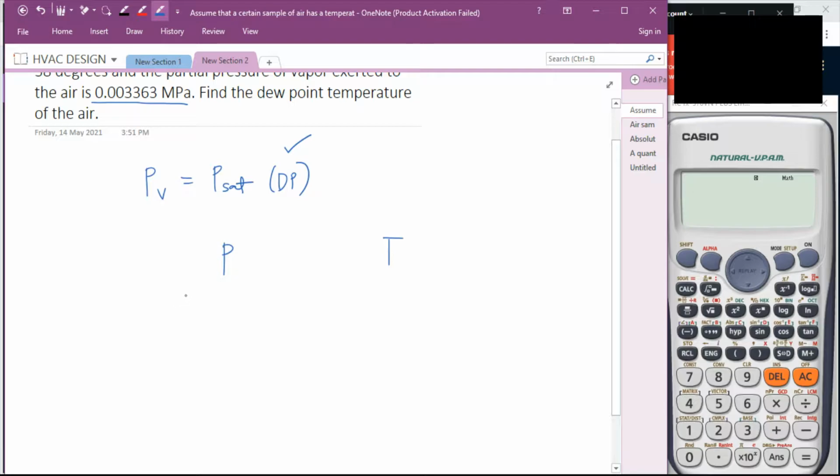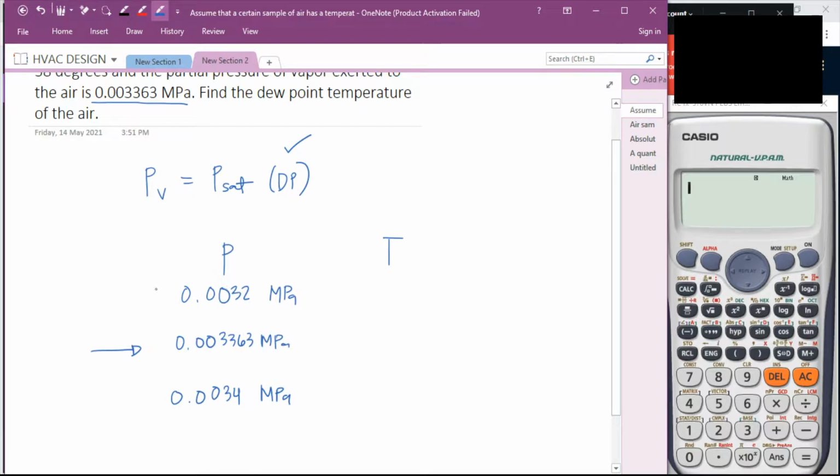And for the interpolation of values, ang present value na nandyan, as you can see sa saturation pressures, meron kang 0.0032 MPa and meron kang kasunod nun is 0.0034 MPa na. Nasa gitna niya between yung value na ibinigay sa'yo dito, which is 0.003363 MPa.